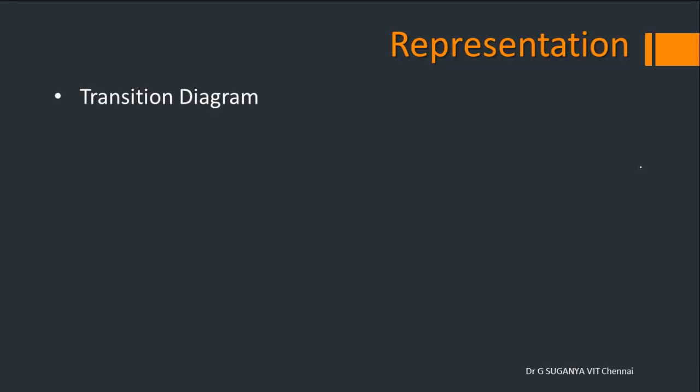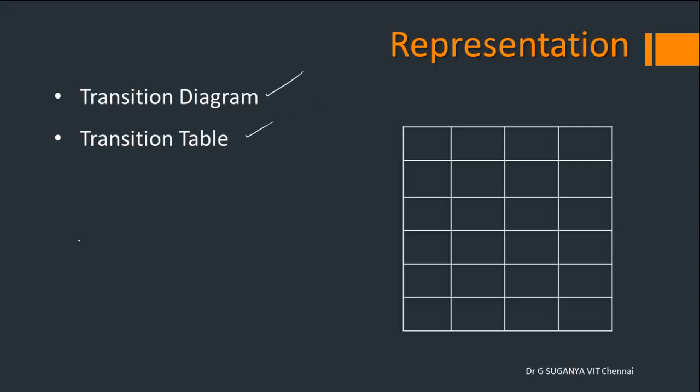Now, how to represent this? As usual, we have two different ways. One is through the transition diagram, the second is through the transition table. Let me draw one Turing machine: Q naught, Q1. If it is A, replace it with X, move towards right. So that is the configuration.